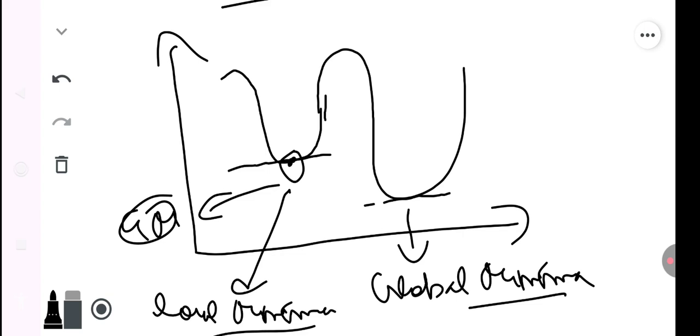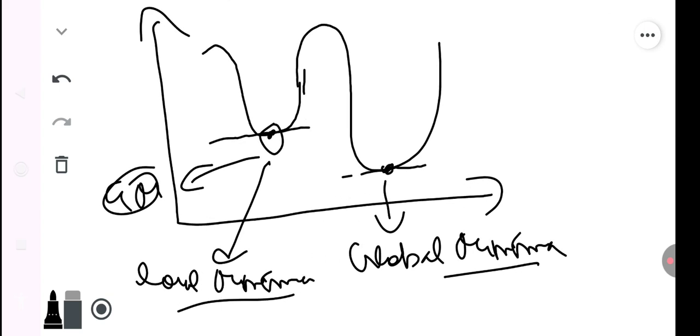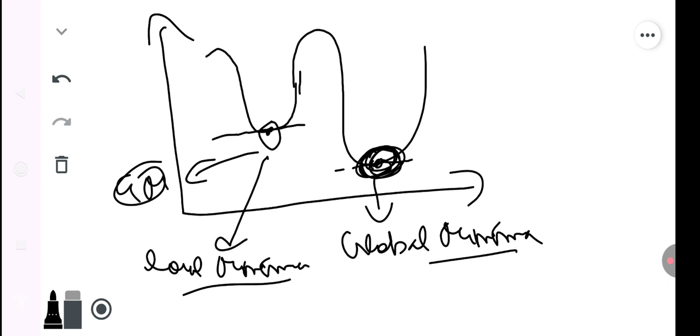Why? Because it did not see this point that I'm encircling. This is the global minima, the least amount of error we can get. But the machine on reaching here thinks that this is the minimum error, that this point is the minimum error, that is the local minima.